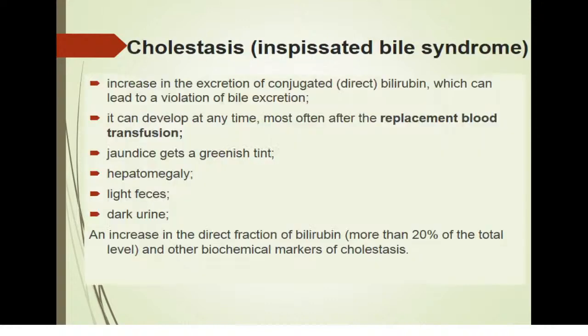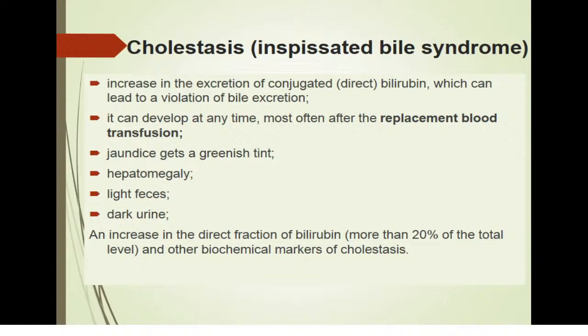The next complication of the icteric form of hemolytic disease of the newborn is cholestasis, or inspissated bile syndrome. There is an increase in the excretion of conjugated direct bilirubin, which can lead to a violation of bile excretion.